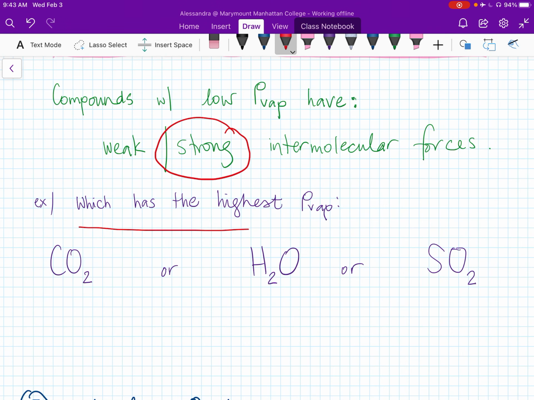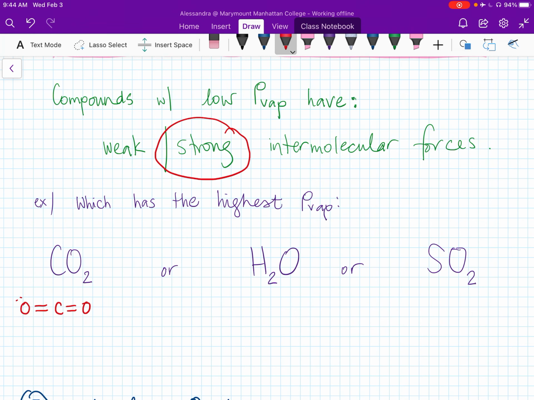So let's put this concept into practice to answer a couple of questions. Which of the following compounds has the highest vapor pressure? Carbon dioxide, water, or sulfur dioxide? To answer this question, we need to consider the polarity of each of these compounds. And in order to figure out the polarity, you have to draw the Lewis structure. So polarity is the key to answering questions like this. So you need to be able to draw Lewis structures.